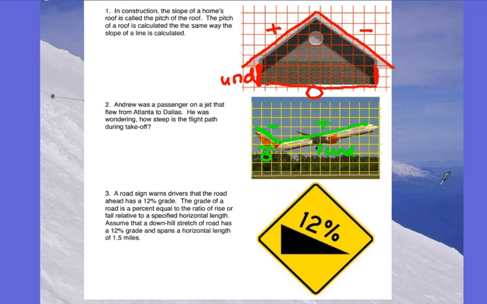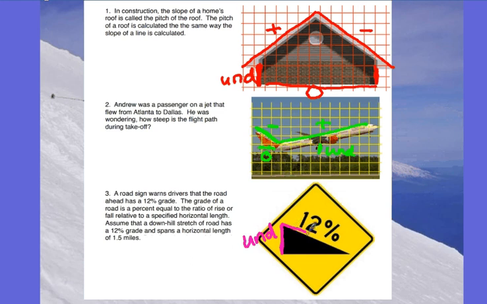Okay, now we've got a little sign here, and it's got straight up and down. Straight up and down is always undefined. Vertical, undefined.